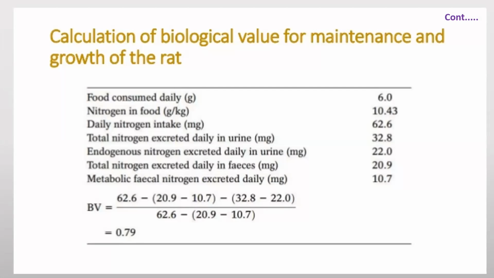So how much food is consumed per day, how much nitrogen is present in the food, the daily nitrogen intake, total nitrogen excreted in urine, endogenous nitrogen excreted in urine, total nitrogen excreted in feces, and metabolic fecal nitrogen excreted through feces. In this way, we can calculate the biological value. These data are required for calculating the biological value.